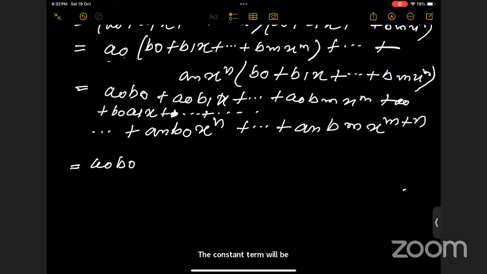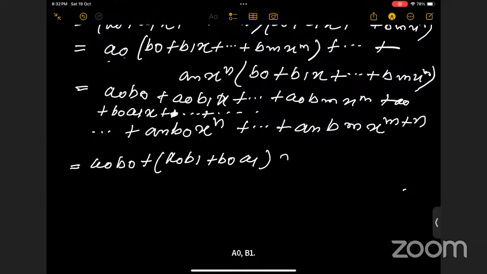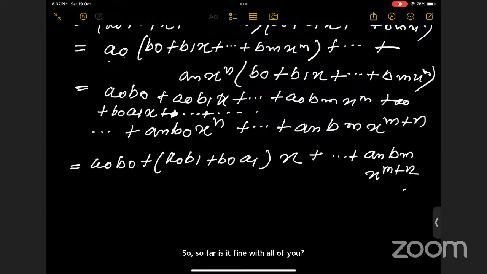There are no other possibilities for the constant term, right? Now suppose we want to calculate the coefficient of x, then we will get a_0 b_1 plus b_0 a_1. So this is the coefficient of x. Similarly we will simplify and calculate all the coefficients. Then we will get the last term a_n b_m x^(m+n). So far, is it fine with all of you? Yes, ma'am.